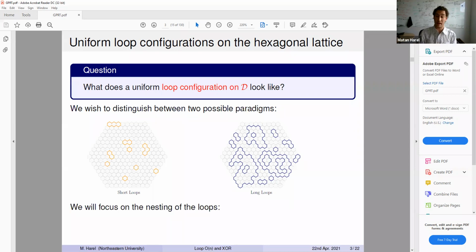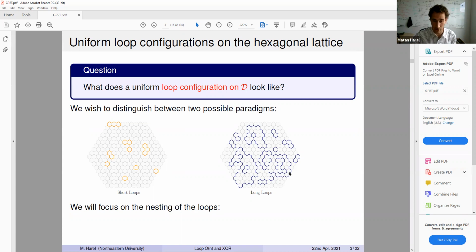The notion is nesting. On the left-hand side, I basically see no nesting at all, and I can imagine that as I make my domain larger and larger, there might be small amounts of nesting, but relatively rare. On the right-hand side, the nesting is common, and in fact, infinite.